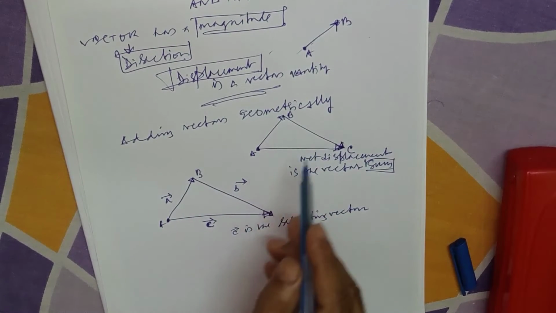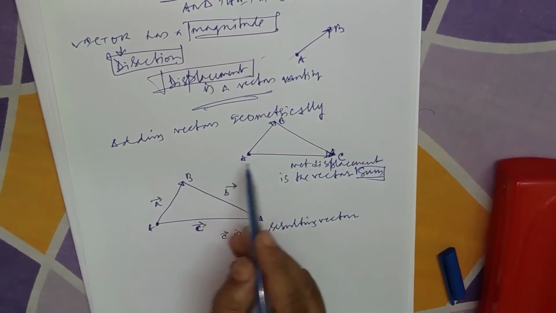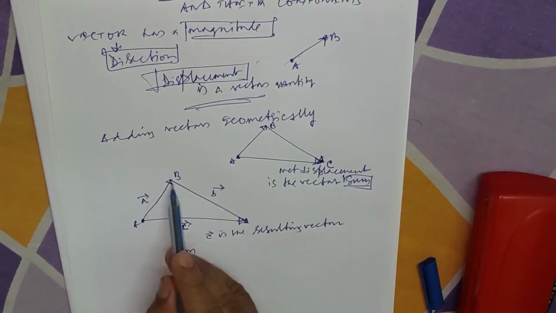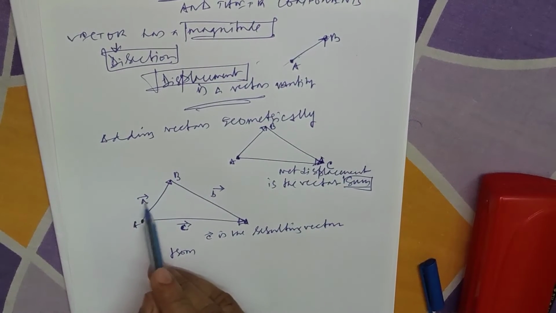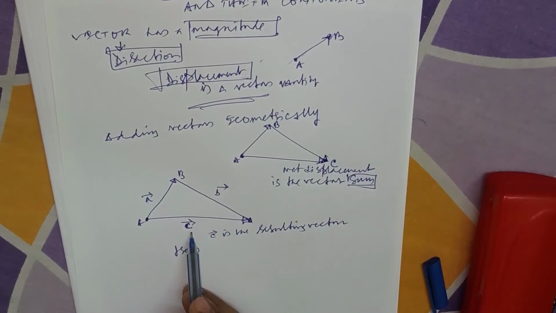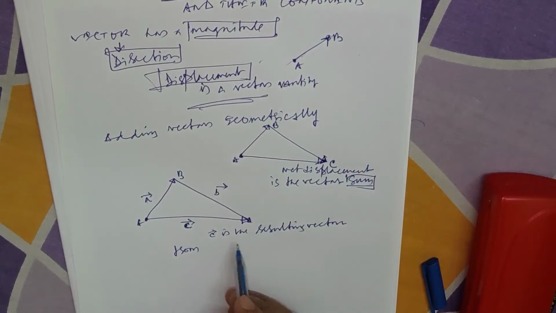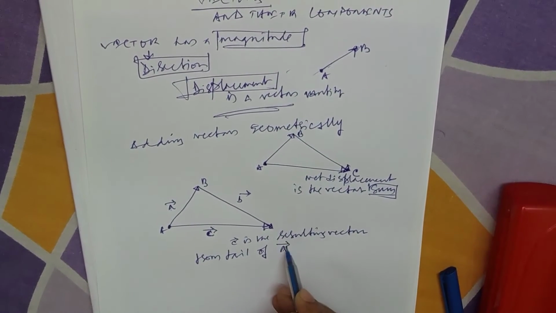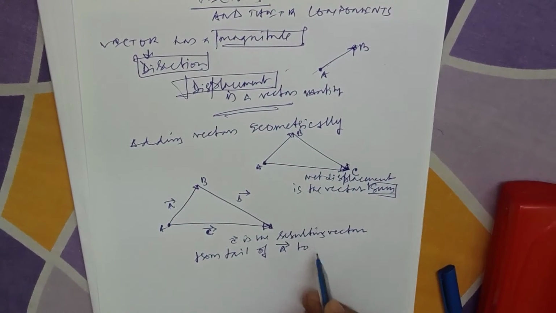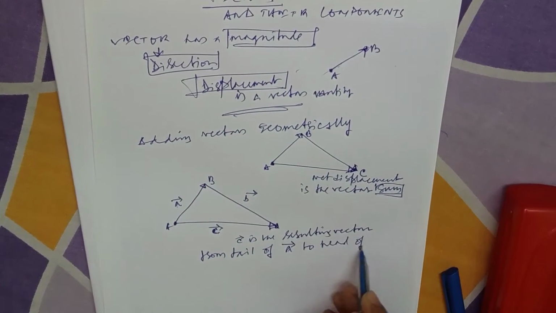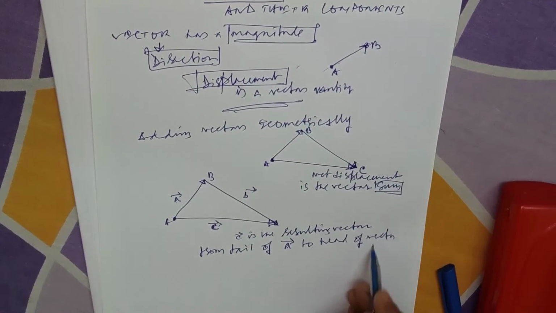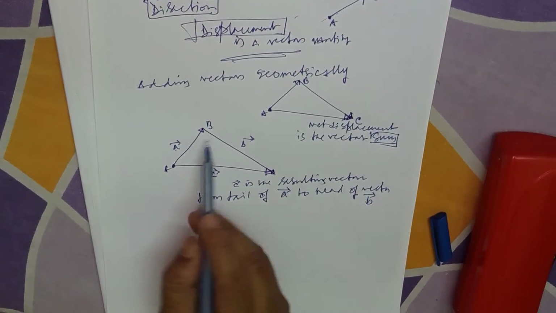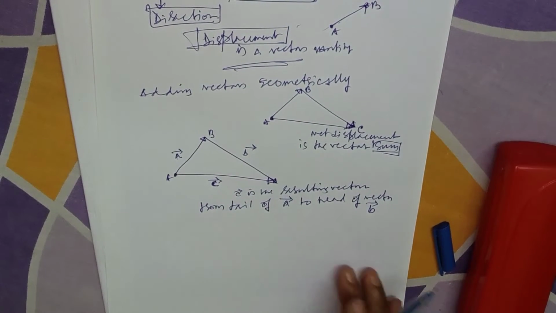From tail, as I told you earlier also, head-tail formula. The notations are vector A and vector B and vector C. From the tail of vector A to the head of vector B. So when we add geometrically, the summation will be like this.